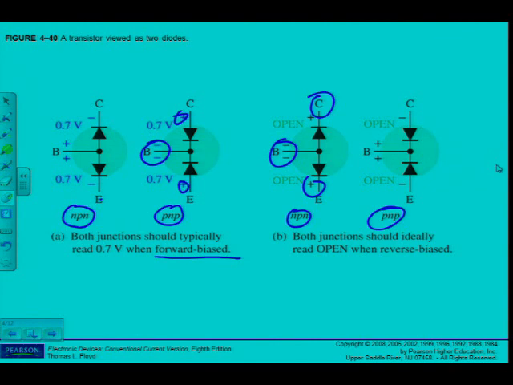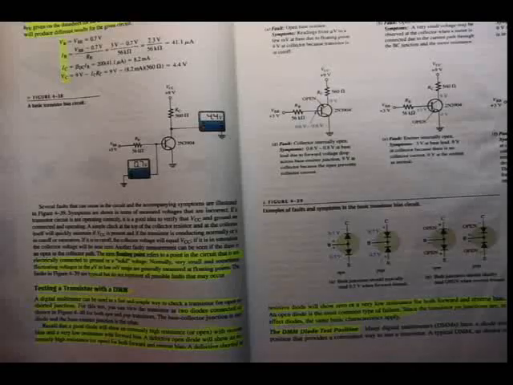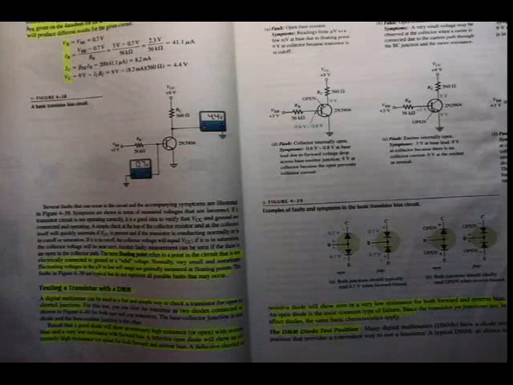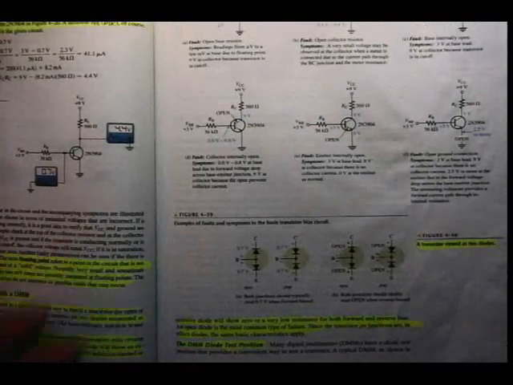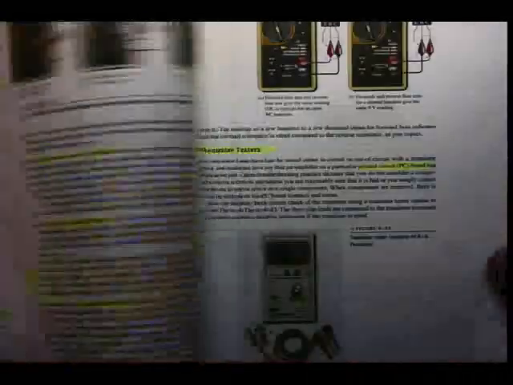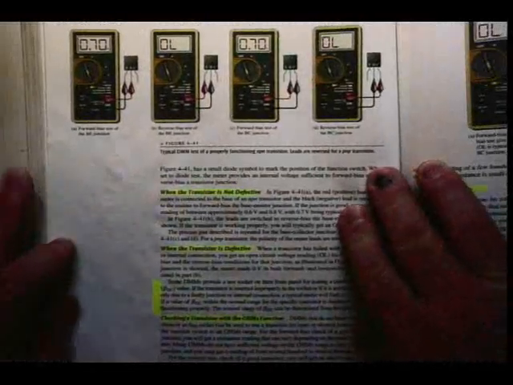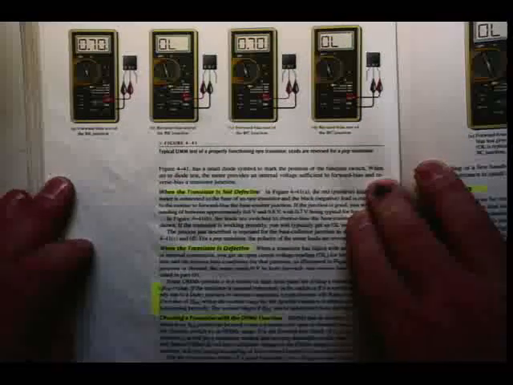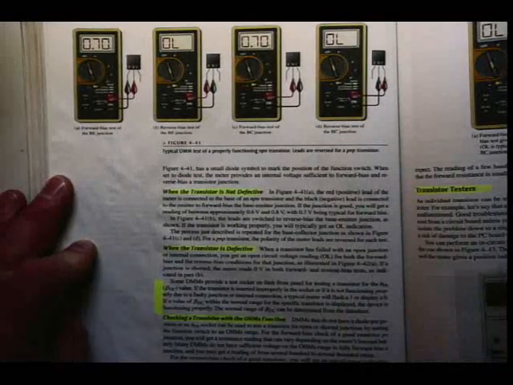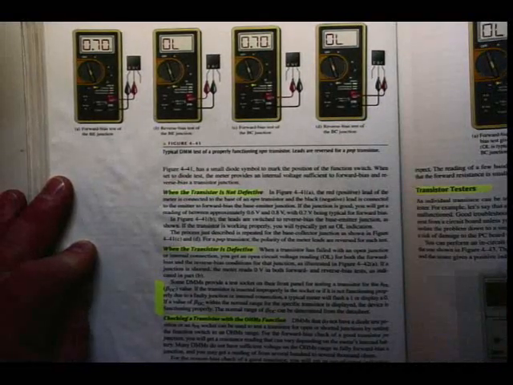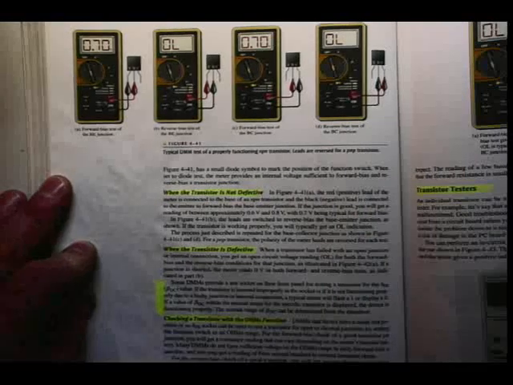Alright, the diode testing method is discussed starting at the bottom of the page just below figure 439. Digital multimeter diode test position, and they also indicate some pictures of what you should typically see on these multimeters when you are testing.